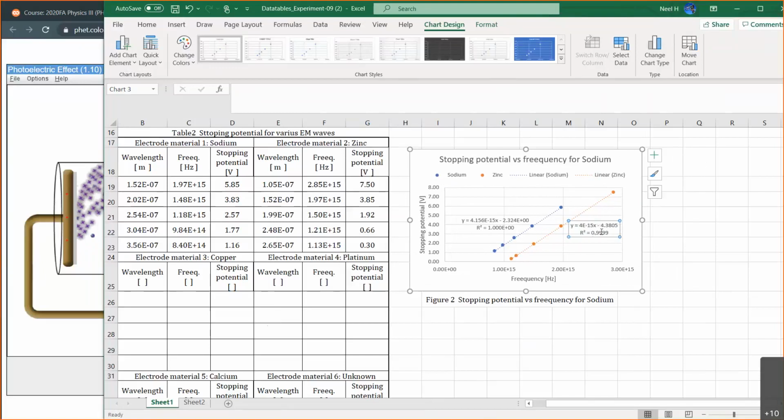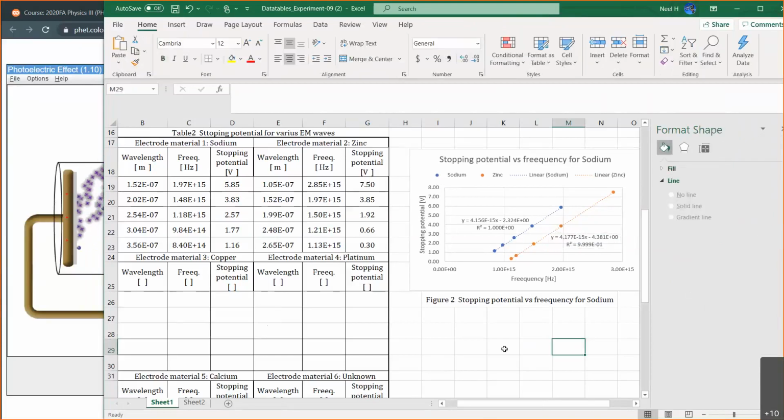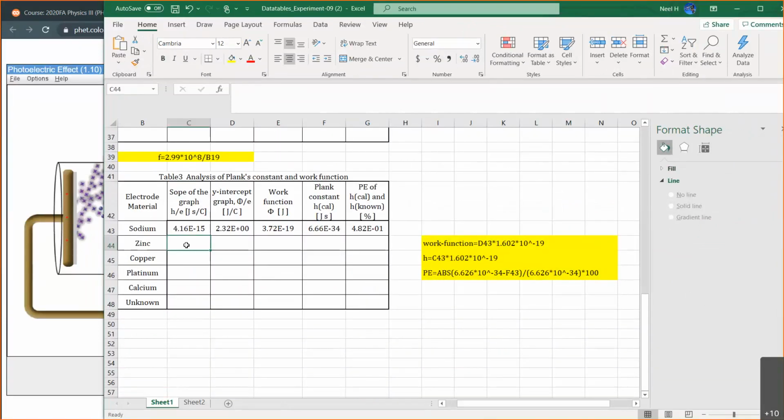And the intercept is, again, I have to put the decimal places correctly. If you double click on the box around the equation, then a new window will appear. Category general, select scientific, number of decimal places at least 3. Then you will get more decimal places in the equation values. Okay, the slope is 4.177, equal sign, 4.177 multiplied by 10 to the power minus 15.